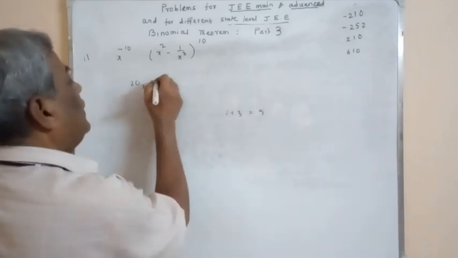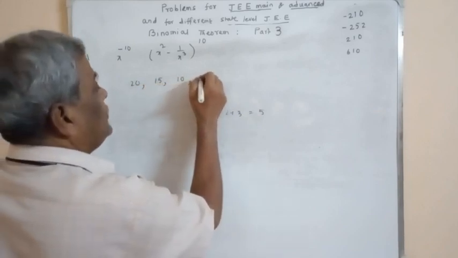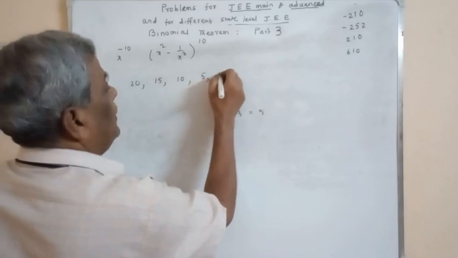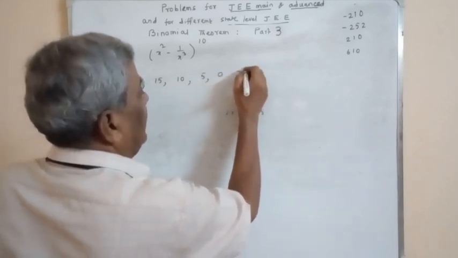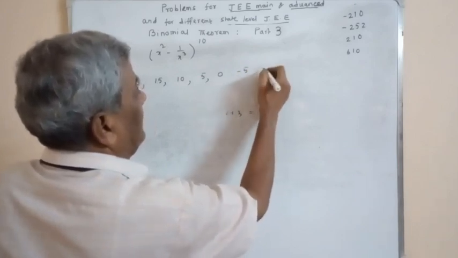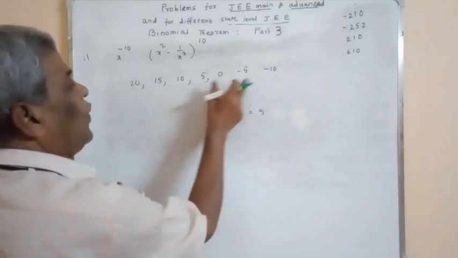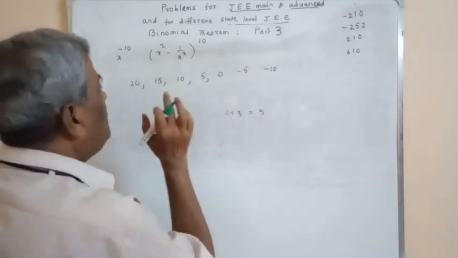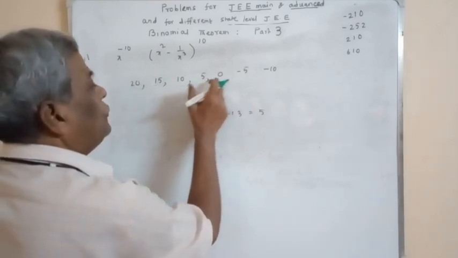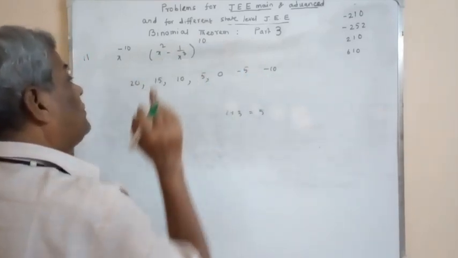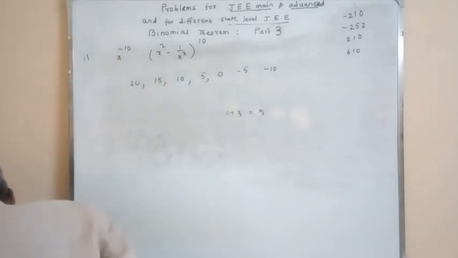So the next term will contain x to the power 15, then x to the power 10, x to the power 5, x to the power 0, x to the power minus 5, and x to the power minus 10. Okay, so x to the power minus 10 will be in the 1, 2, 3, 4, 5, 6, 7, the seventh term.